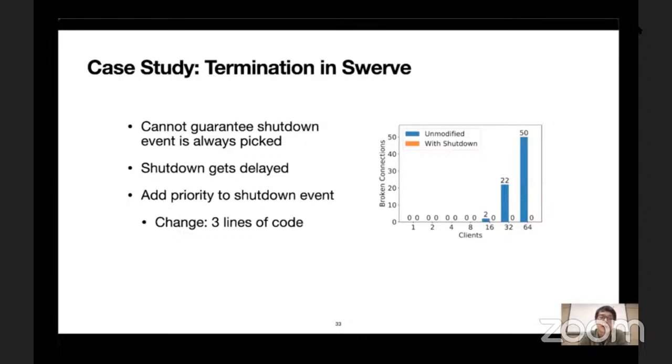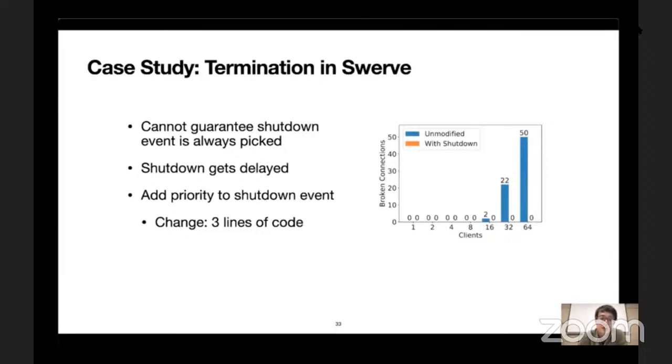The reason is Swerve has to pick between the shutdown event or accepting new connections. So if the shutdown event gets issued, it might not be picked when there are available connections. As a result, shutdown gets delayed. We can add priority to shutdown events. The change is only 3 lines of code.